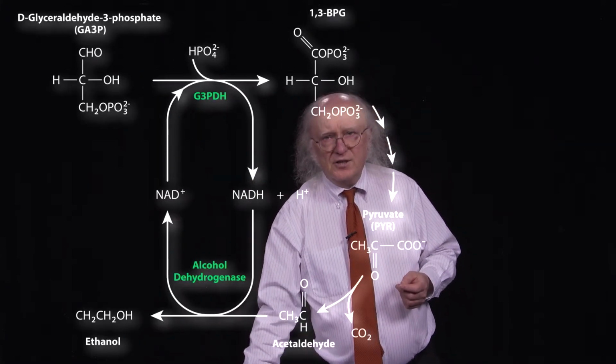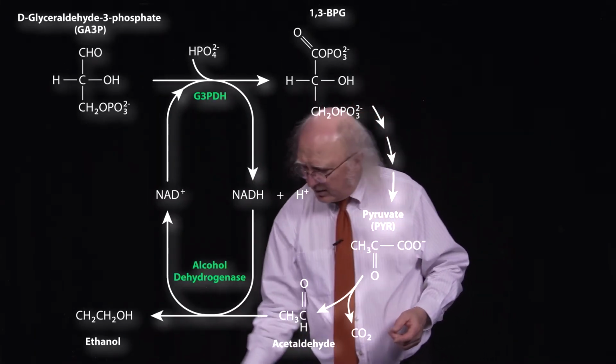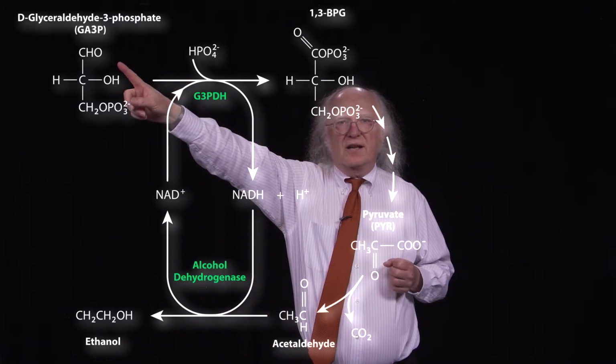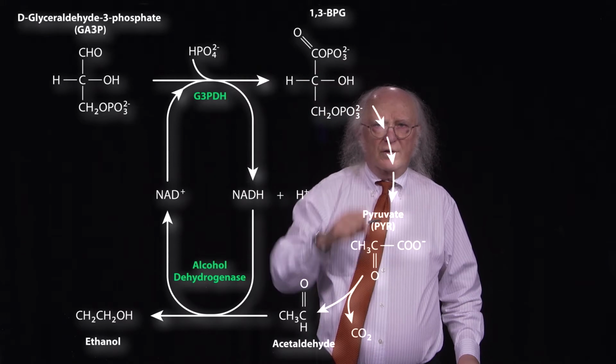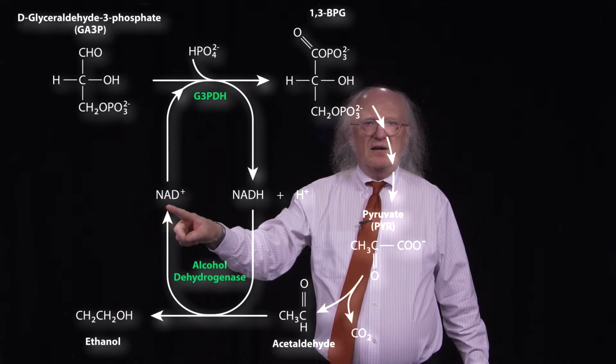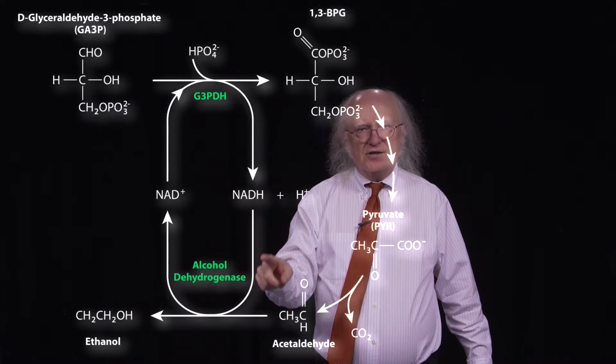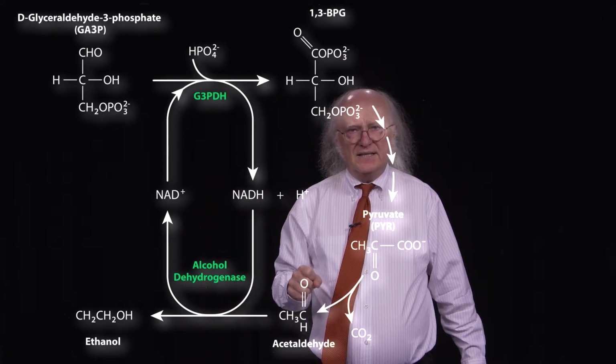A similar process occurs in yeast, and that process is shown here. Again, we see glyceraldehyde 3-phosphate being converted to 1,3-bisphosphoglycerate, which converts NAD over to NADH. The NADH is recycled back to NAD.